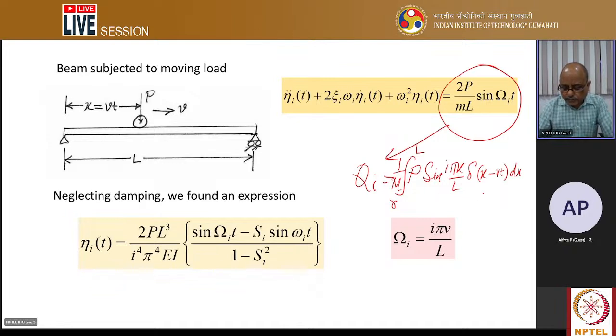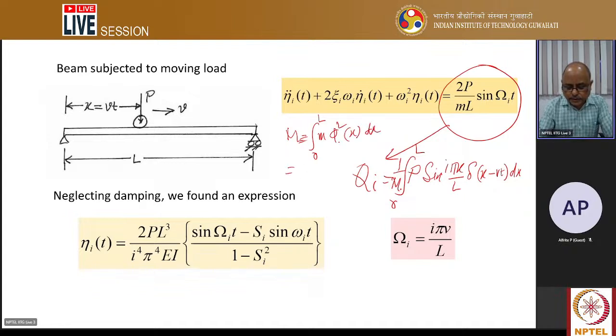So you get now this generalized mass, say M, for this condition where the normalized mode shape is not used. Then we write this integration 0 to L of M phi square x dx.